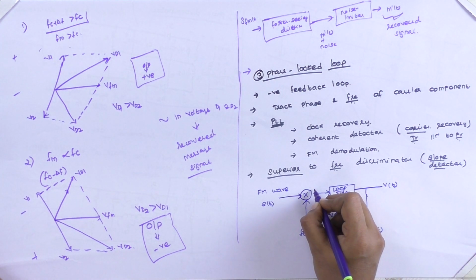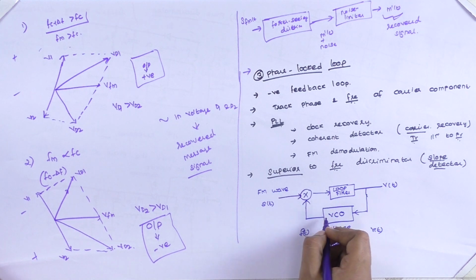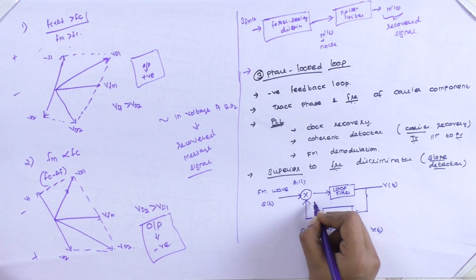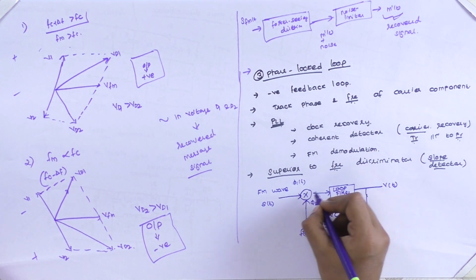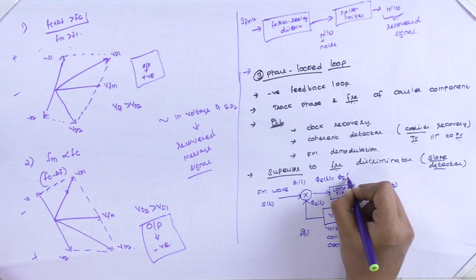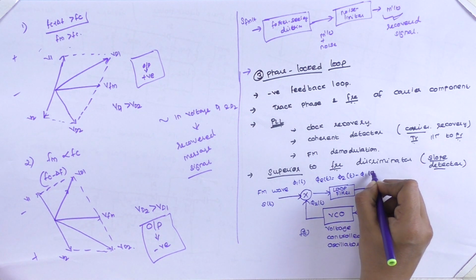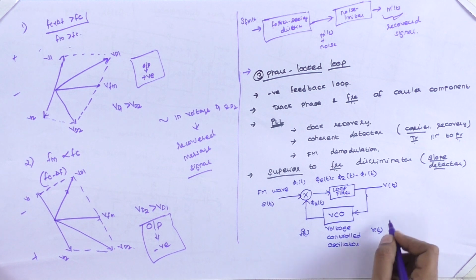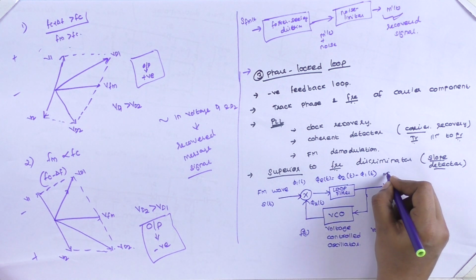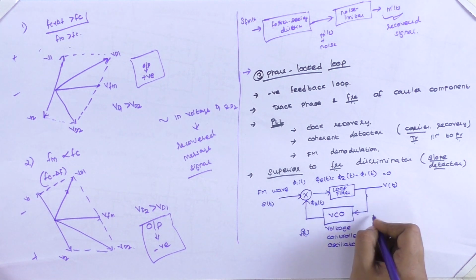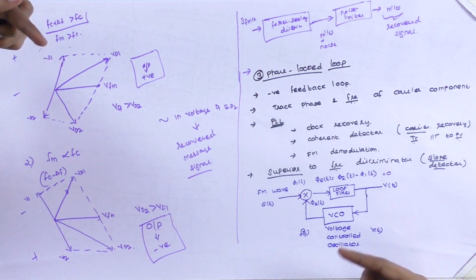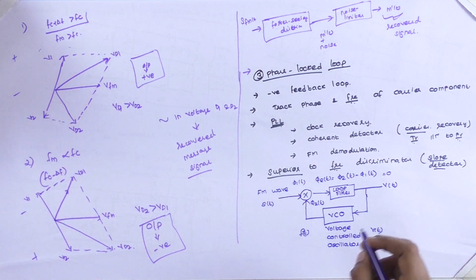So what will this component produce? This component will produce the phase difference between phi 1 of t and phi 2 of t. This multiplier will give the error signal, which is the difference between the input and output signals. The main purpose of implementing this VCO is to maintain this error signal at zero, so that the incoming signal and output signal will be exactly in lock state, with phase and frequency in lock condition.